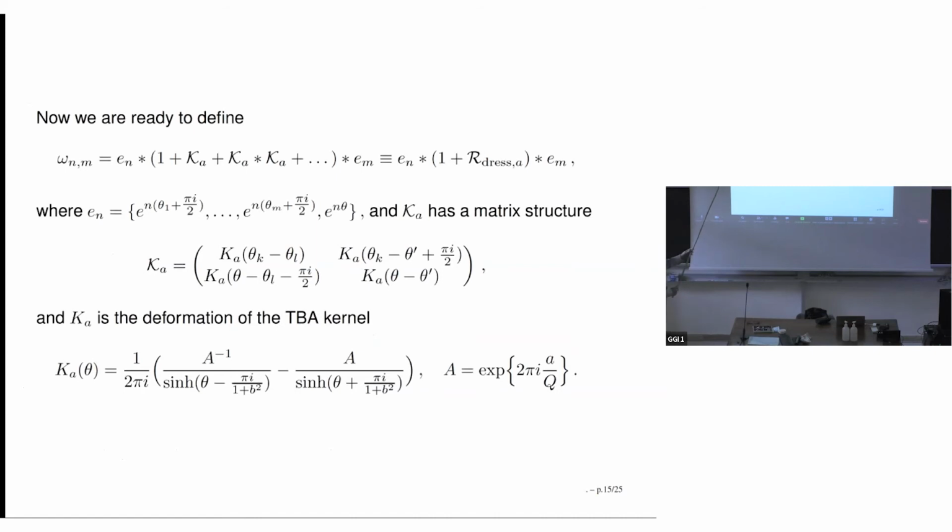Now my function omega is given by, if you wish, I take this special vector of this form, and I iterate my linear equation with this kernel K, which is written here. This is for the continuous part, this is for the discrete parts with the continuous, and this is for the discrete parts among themselves.